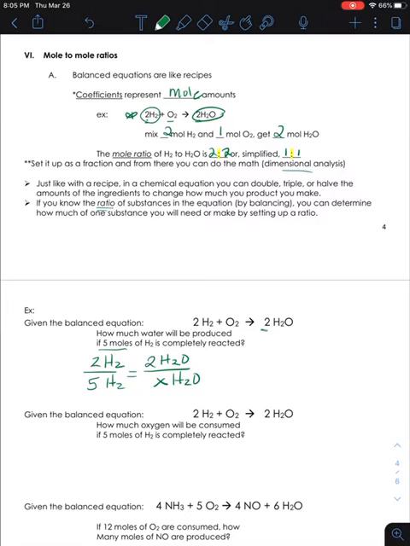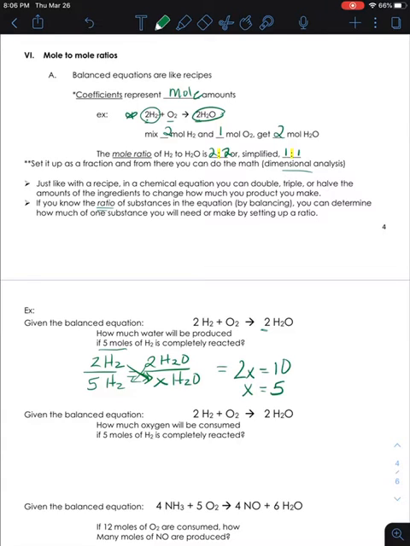Now you can do the math, which is basically just doing your cross multiplication, or you can see that it's a 1-to-1 ratio. So ultimately, I'll show you the first example. We would do 2x equals 10, solve for x, and x is equal to 5.